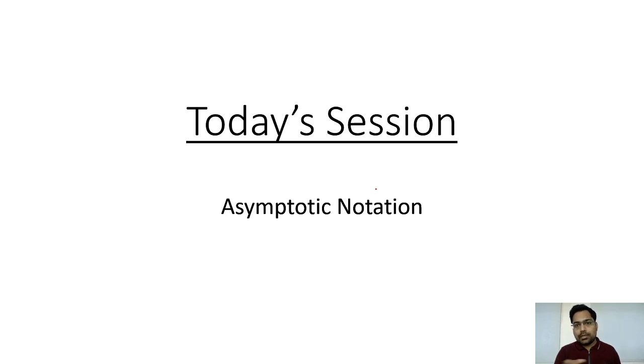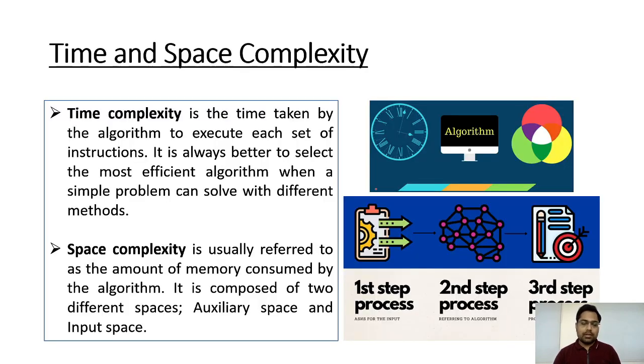That part we will discuss, and what is complexity, then what is time complexity, then what is space complexity, then how it will be defined using any method that we will discuss, and increasing order of the space complexity and time complexity will be discussed, and also the graph, how it will look like, that we will be discussing. Next slide is time and space complexity.